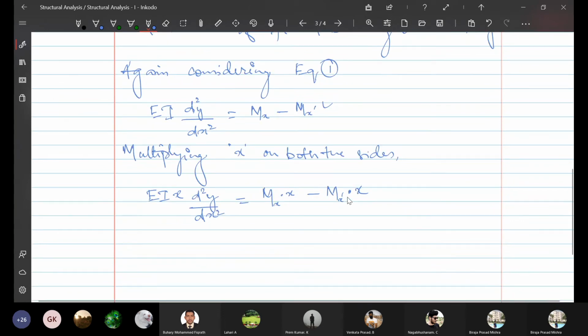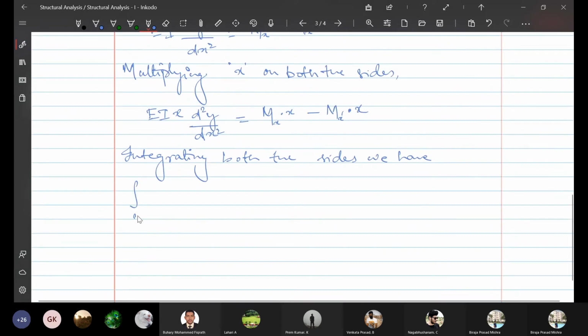Now if we integrate both the sides, it is integration 0 to L, EI into x into d square y by dx square equals integration 0 to L Mx into x into dx minus integration 0 to L Mx bar into x into dx.